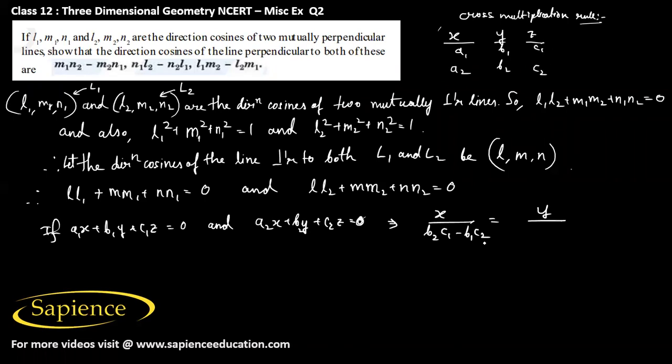Then we can write x by b1c2 minus b2c1 is equal to y divided by c1a2 minus c2a1, that is equal to z by a1b2 minus a2b1.